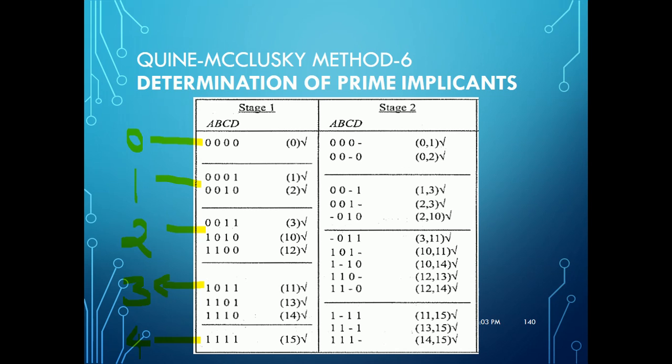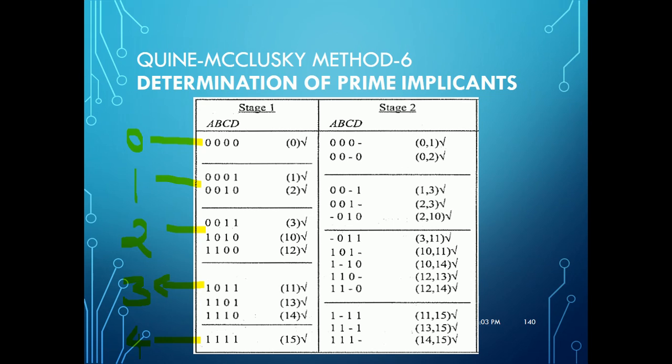You have the min term 0, with 0 number of ones. What you have to do in stage 2 is start combining this term with the next adjacent terms. So 0 has to first try to combine with 1, whether it is possible. At that time you have to see how many matching terms you have.